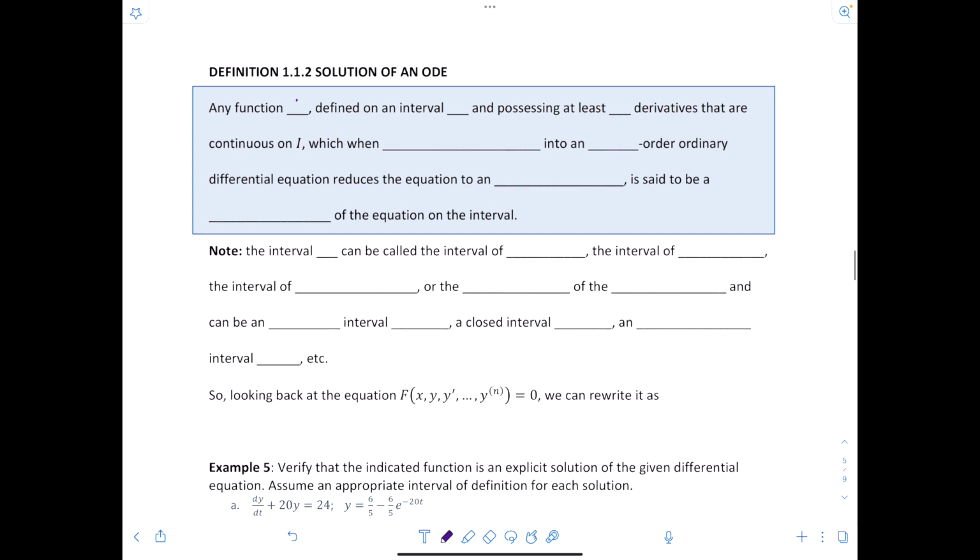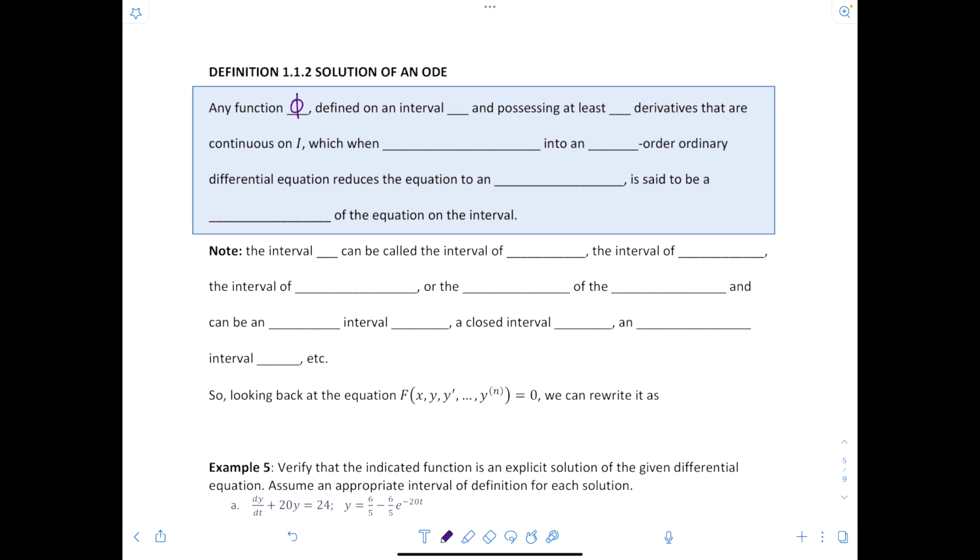Okay, solution of an ODE. Any function phi. I know people say phi, theta, kappa, things like that. My instructors always said phi for this variable, so I say it phi. If you want to call it phi, that's cool.